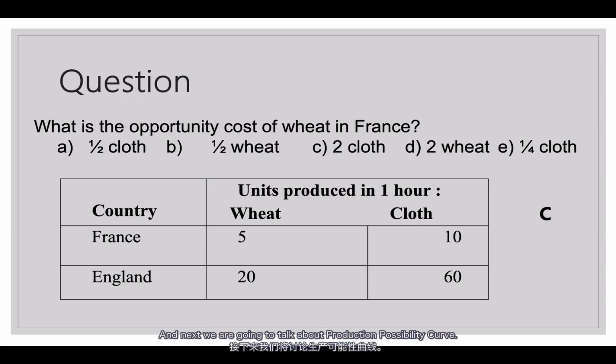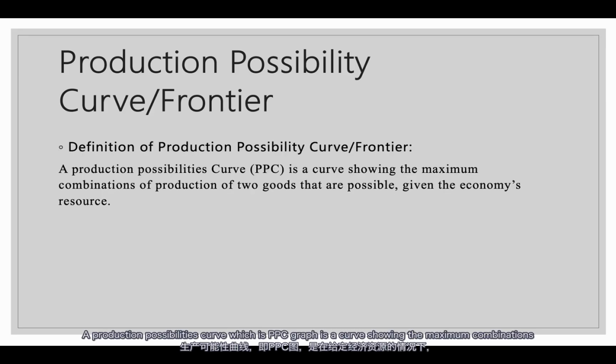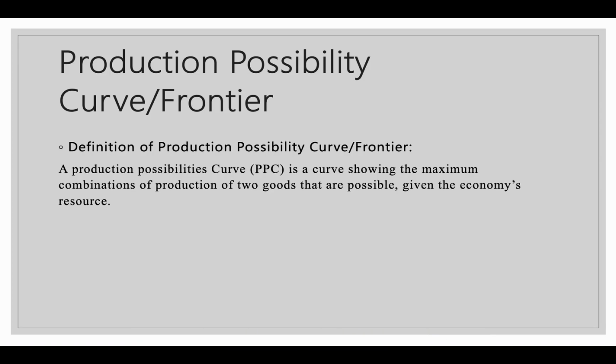And next, we're going to talk about the production possibility curve. First, we are going to review the definition of a production possibility curve. A production possibilities curve, which is the PPC graph, is a curve showing the maximum combinations of production of two goods that are possible given the economic resources.